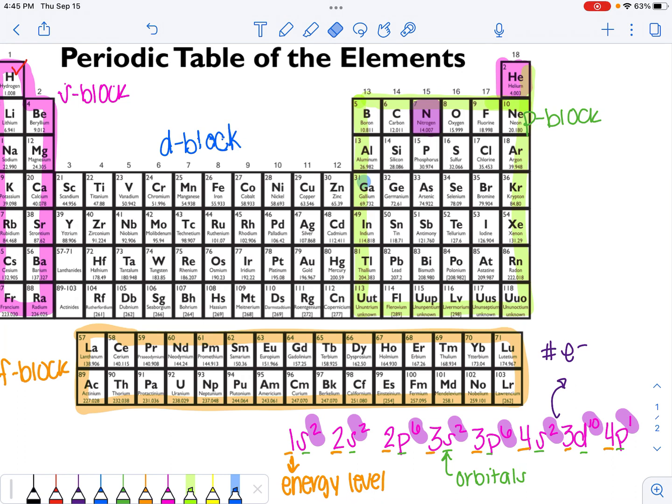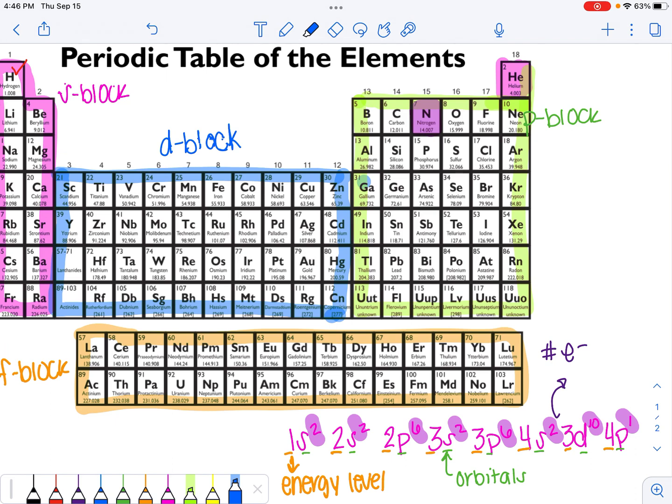What we're going to use the noble gas configuration for is this: if we want to write the electron configuration for an element, we can simply take the electron configuration for the noble gas that comes before it, in the period before it, and we can ignore all of the electrons up until that noble gas.